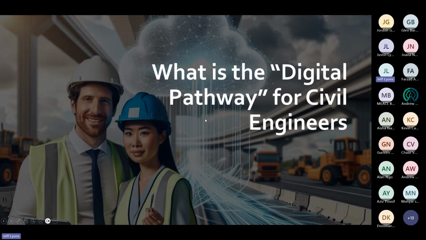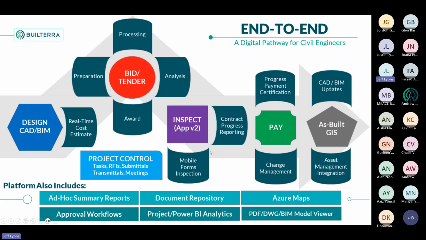We sort of landed on this term of digital pathway. It really is a process where we can go from CAD design all the way through to the as-built GIS. And so this was a vision we had, most of my career, and obviously we started building it about 10 years ago. And so each one of these aspects has been completed.